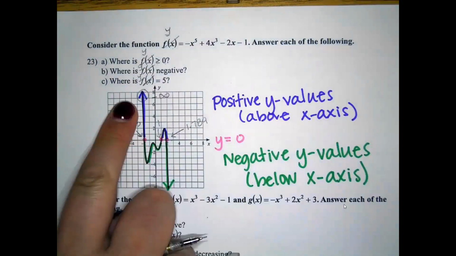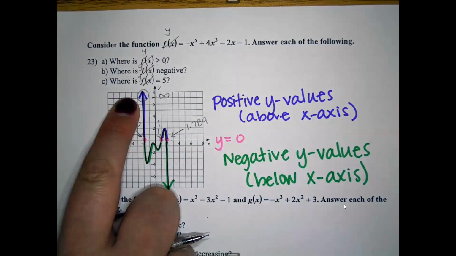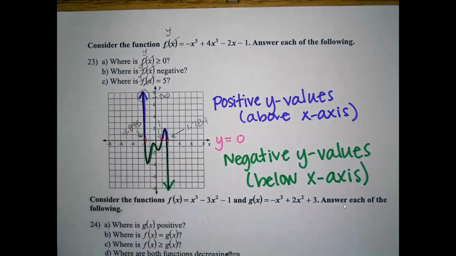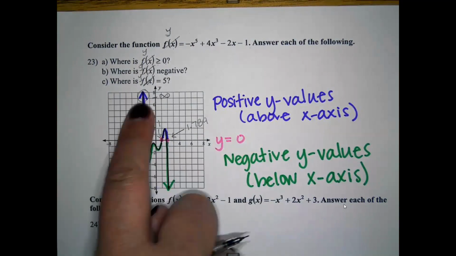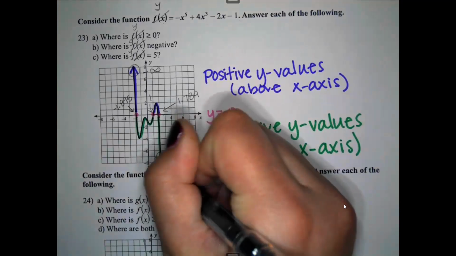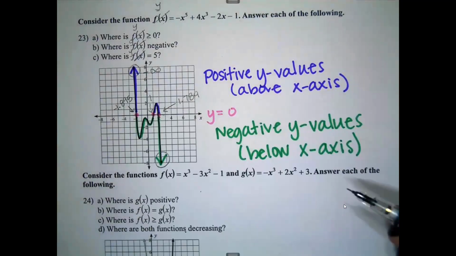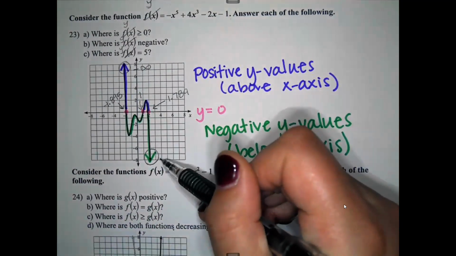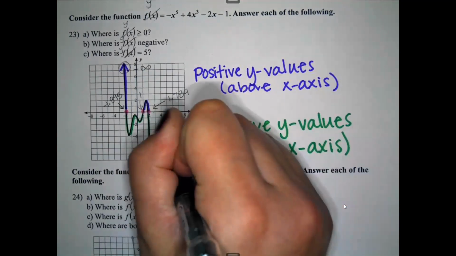We know the y value is positive infinity because the arrow is pointing up, but the x value is negative infinity because this is pointing to the left. So negative infinity because it's a left arrow. This is a right arrow, the right side of the graph. If it's a right arrow, which infinity is it? Positive infinity.